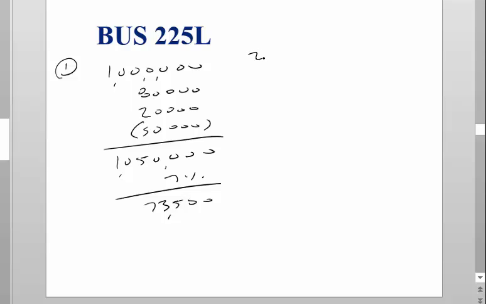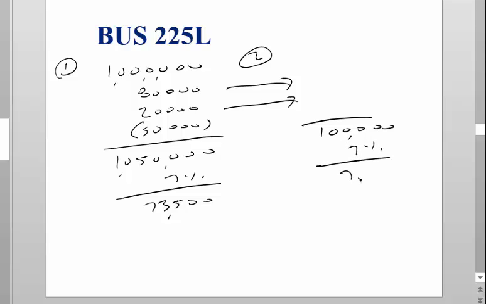Okay, step 2, we're going to come up with our deferreds. We have 2 deferreds, the 80 and the 20. Those sum to 100. That's going to be a future deduction times 7%. We have a state DTA of 7 grand.